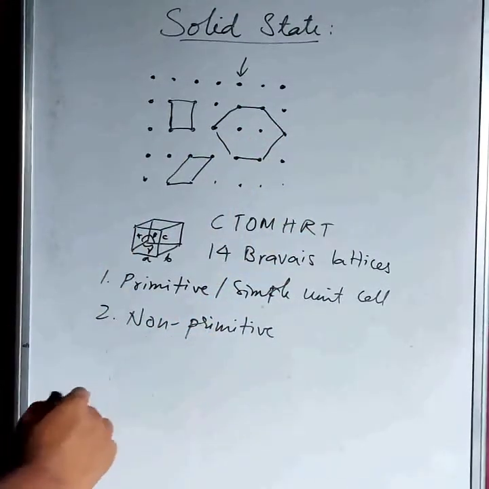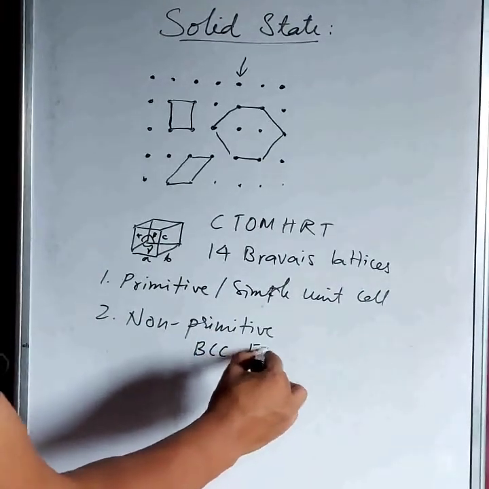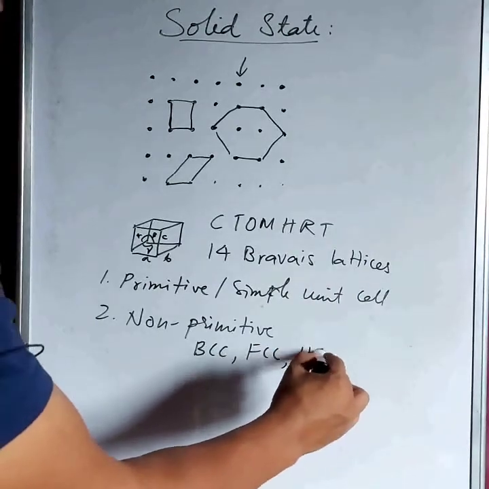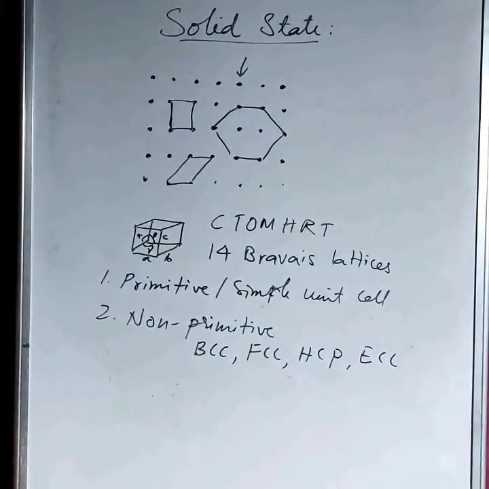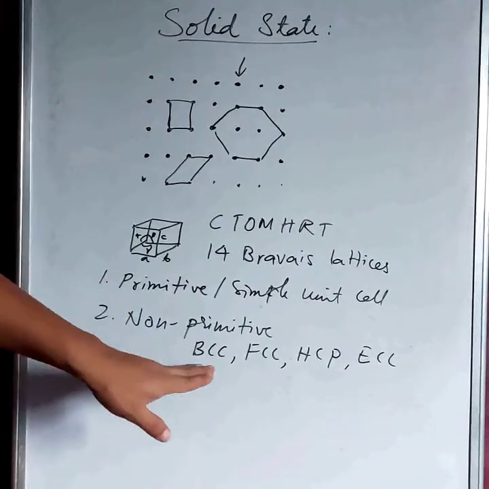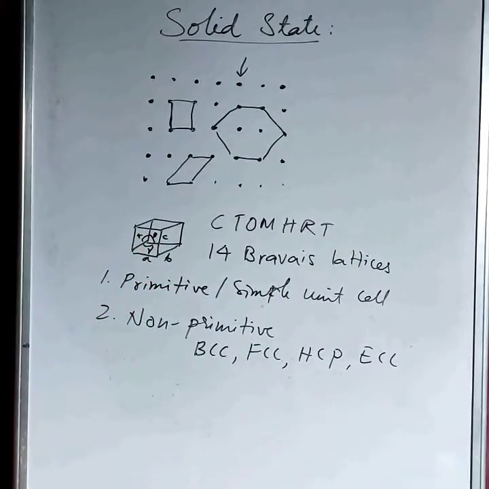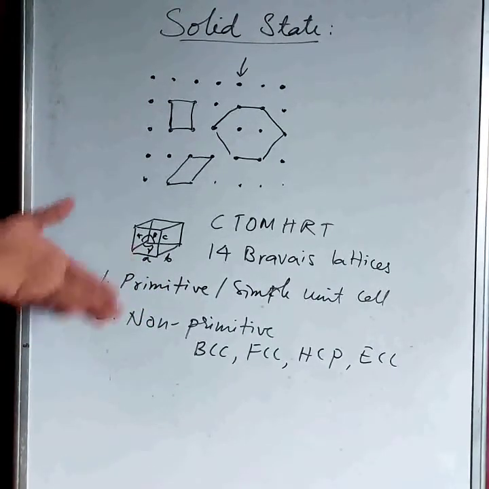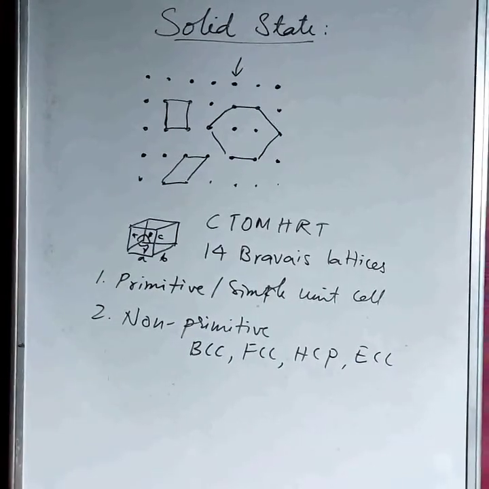But in the non-primitive system, we have the body-centered cubic system, face-centered, the hexagonal close packing system, and then we can have the edge or end-centered system. They vary because they may have different angles or different edge lengths. I've already presented this to you in the readout, so you can go through those things.